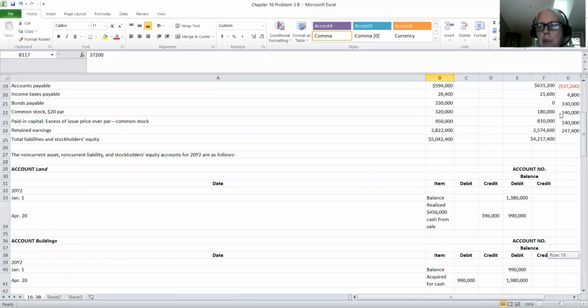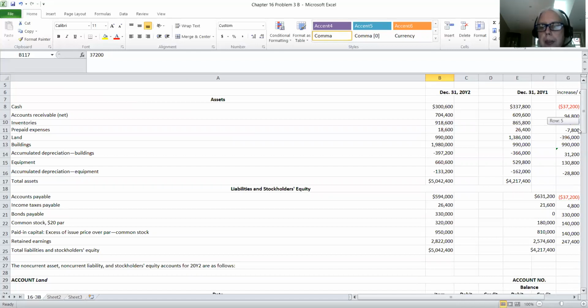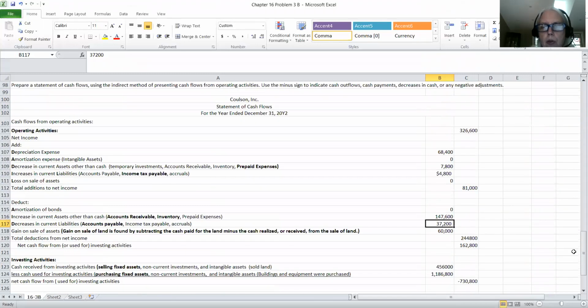So if we look at our balance sheet, the accounts payable, you can see that there was a decrease from Y2 to Y1. The amount of the decrease was 37,200. So 37,200 goes in for the decrease in the current liabilities.